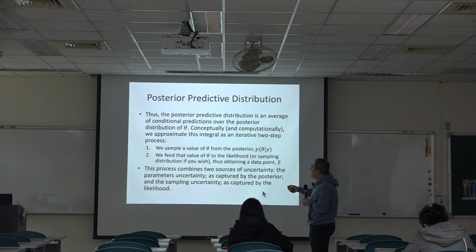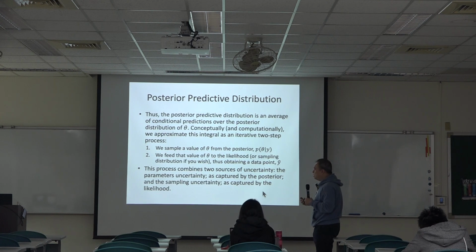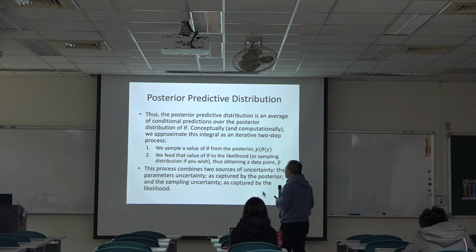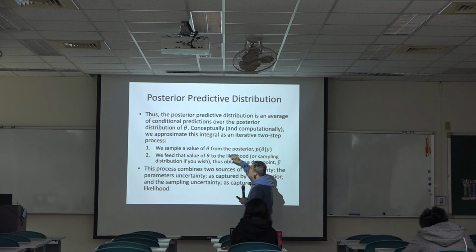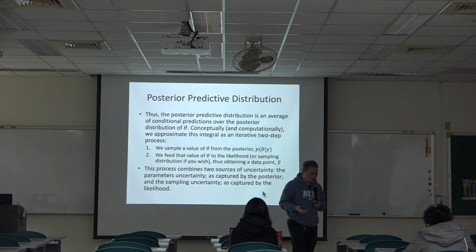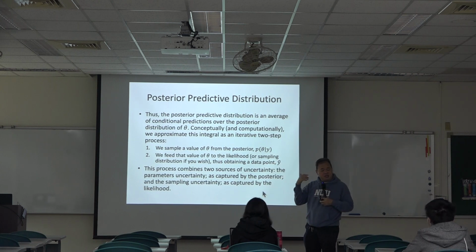These two steps are actually very simple, even simpler than the past work that we have done. Because we already have the posterior distribution. Remember, now we are doing the posterior predictive check.